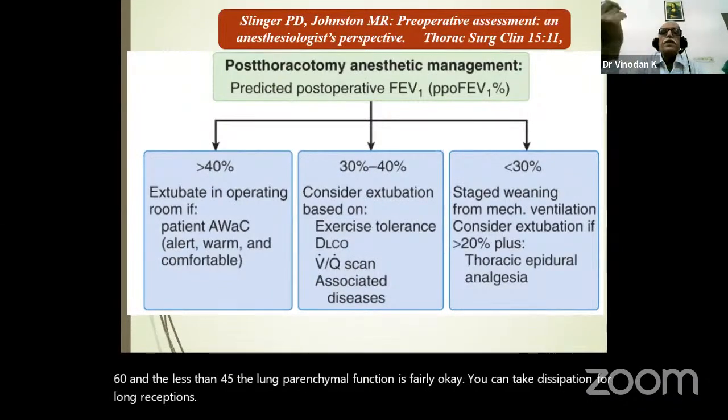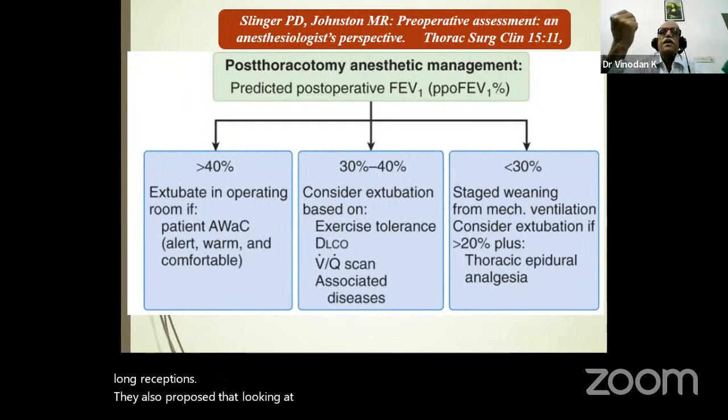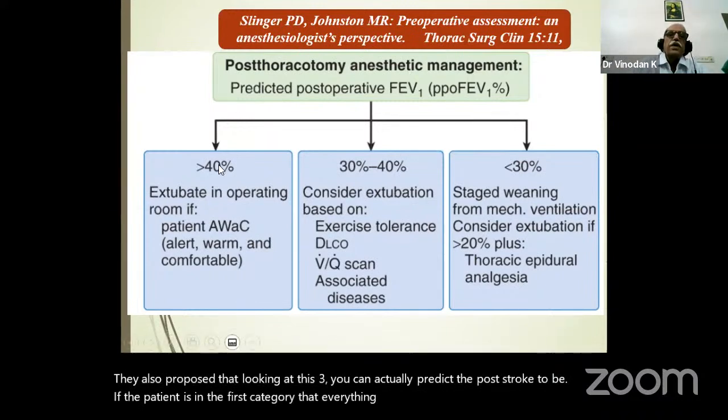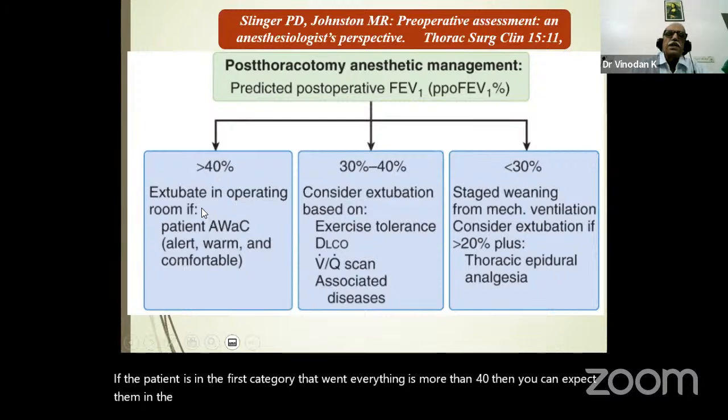They also propose that by looking at this 3-leg stool, you can actually predict the post-thoracotomy anesthetic management. If the patient is in the first category, where everything is more than 40%, then you can extubate them in the operating room, especially when the patient is awake, that is alert, warm, and comfortable.